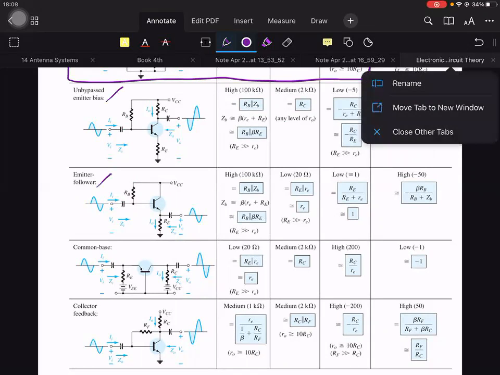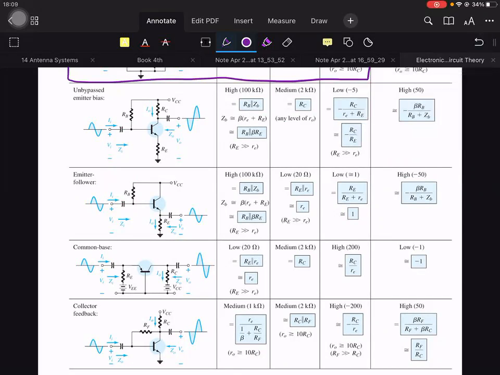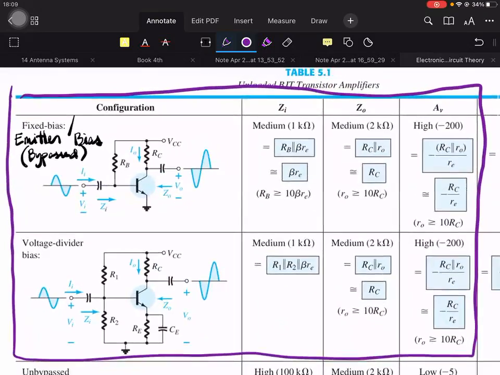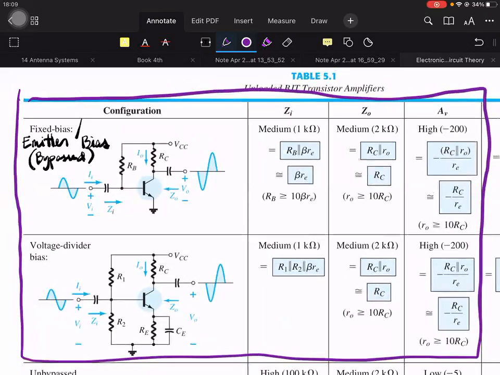So we will focus our attention more on the 6 sets of formulas: 3 for the fixed bias and emitter bias, and another 3 for the voltage divider bias. If we know how to use these formulas, we'll be able to solve for the impedances and the gain this time. Okay.